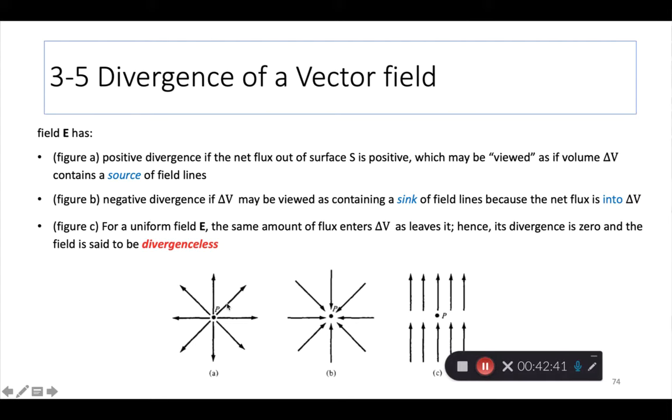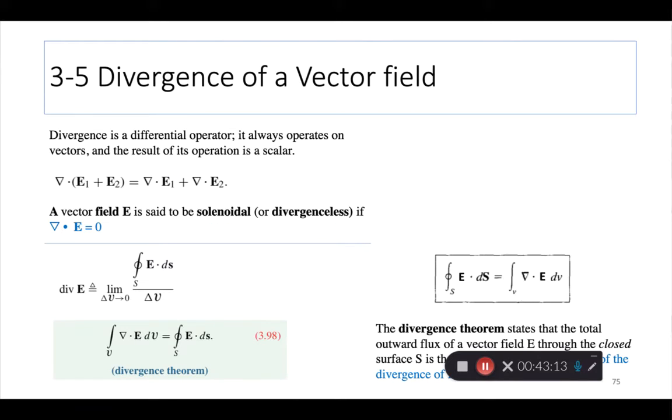Similarly, you have a negative divergence where everything is going in, and then you have a divergence-less field where nothing is coming from inside, everything is just going through, coming from outside and then leaving. Such a field is called divergence-less, and if you calculate the divergence, it comes out to be 0. So these are three definitions. And the divergence-less field is also called solenoidal.